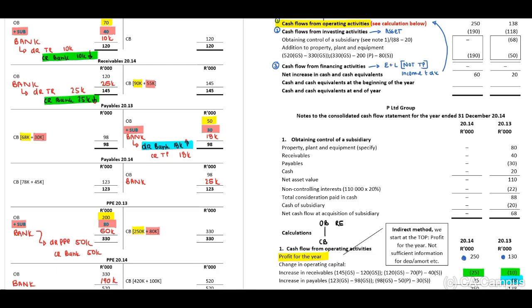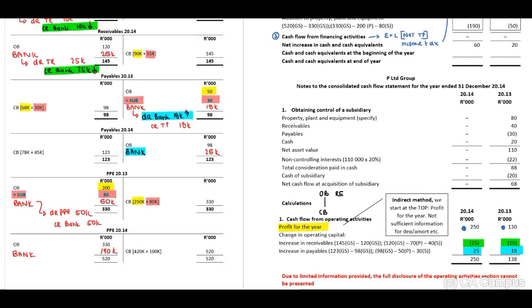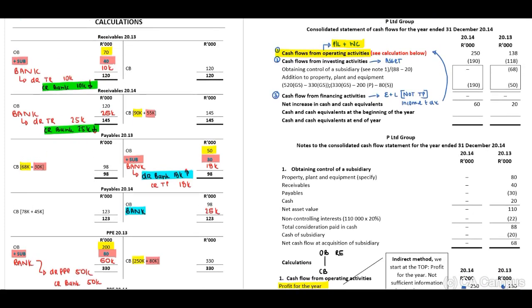Therefore, our bank account will be debited with 25,000. Now, our total of our cash flow from operating activities, 138,000 and 250,000, and you can transfer this to your cash flow statement.